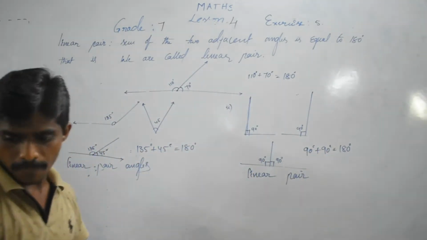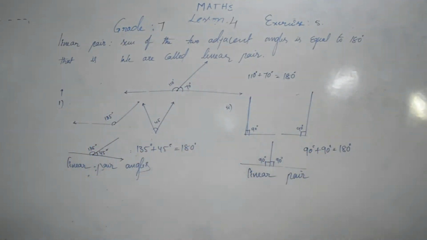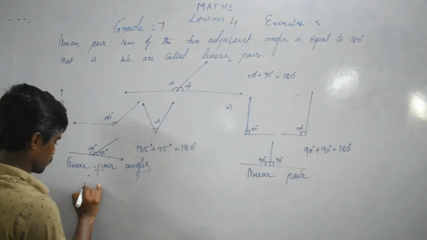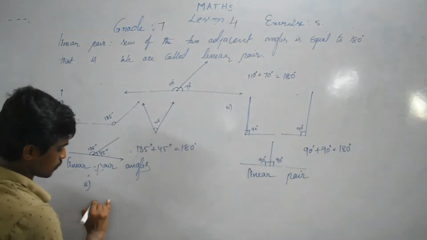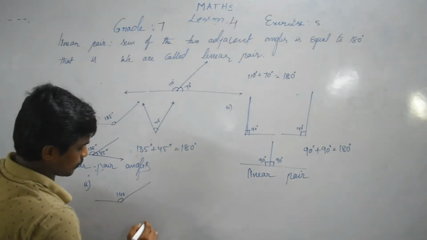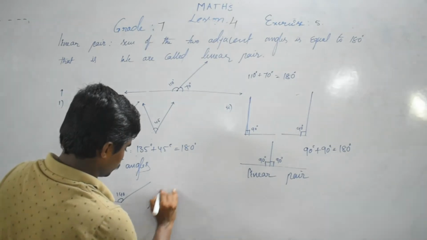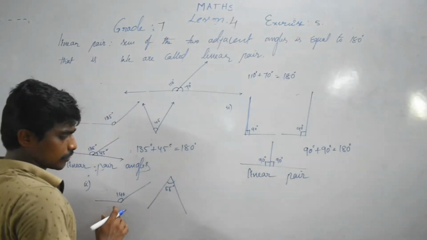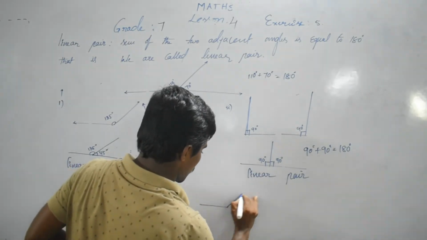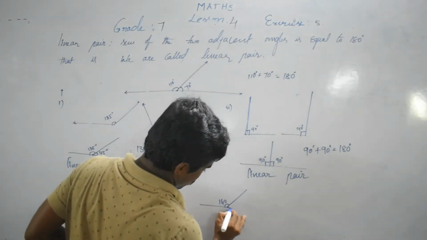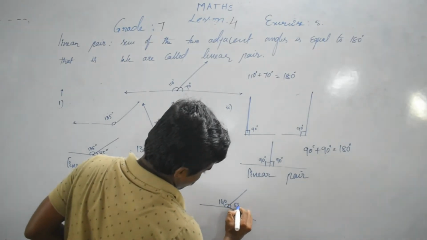Next one. Here 140, third one. 140 and 55. So these are forming 140, 55.